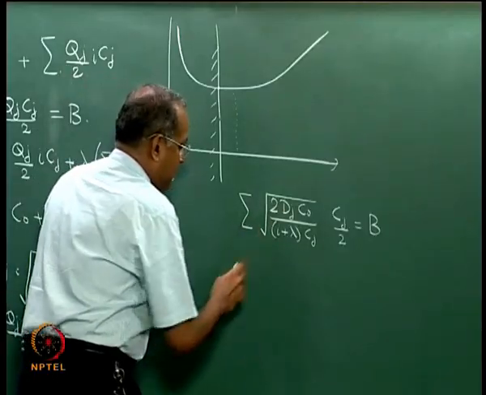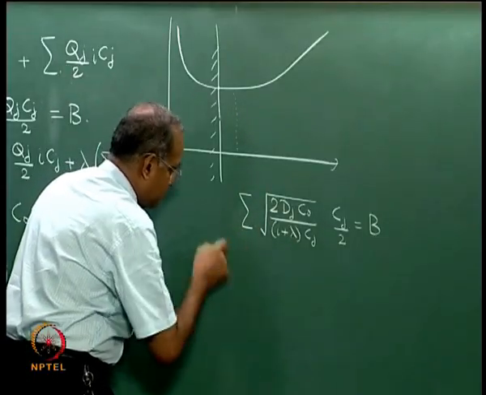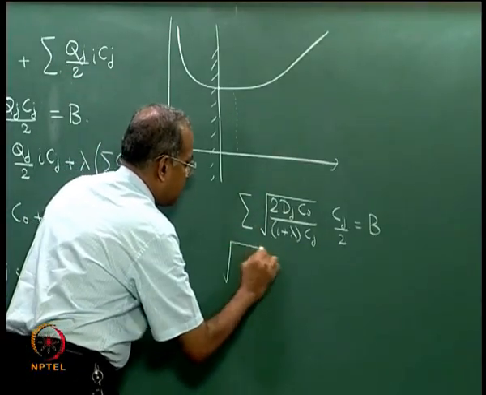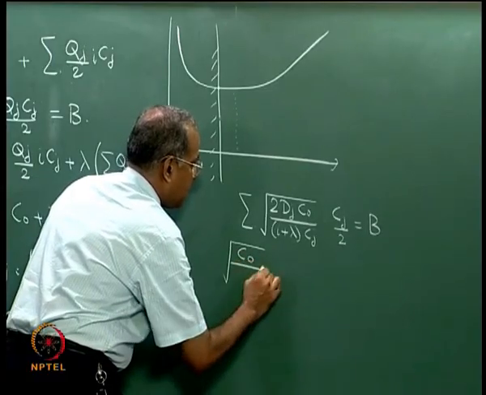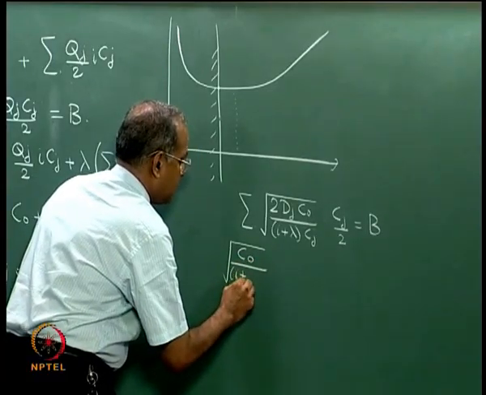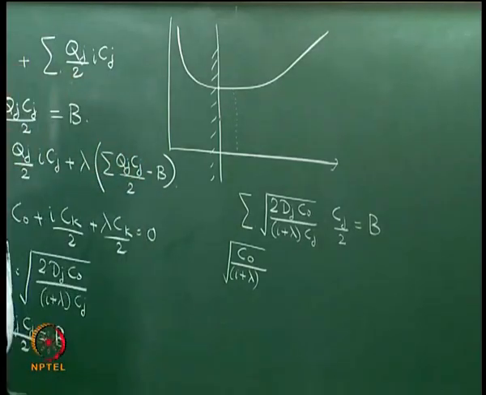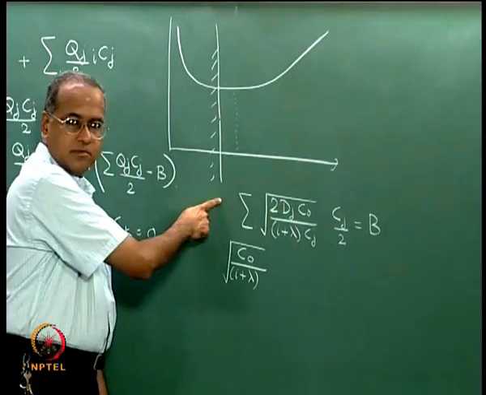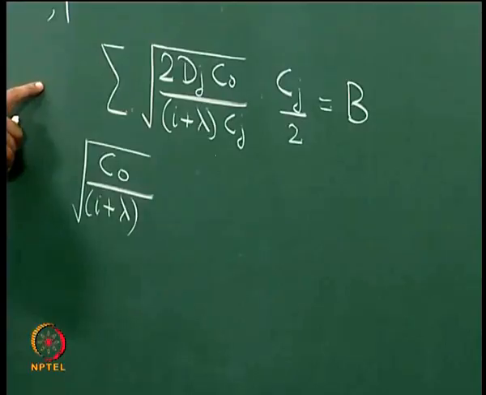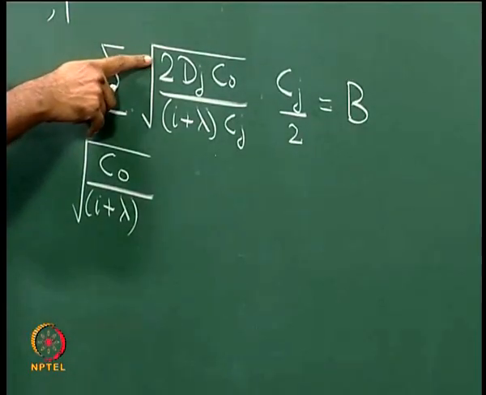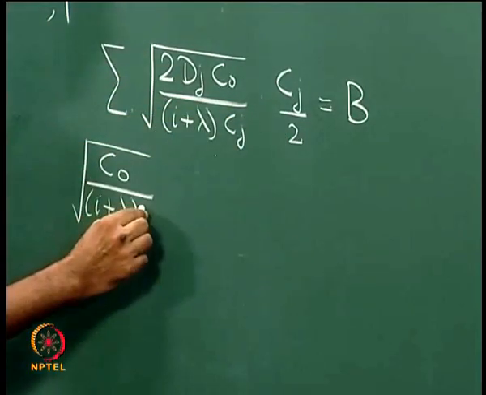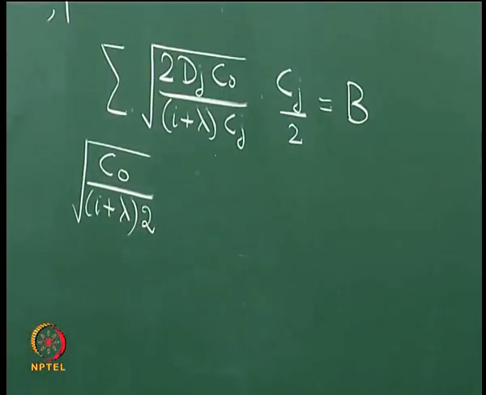So, we can take root over c naught by I plus lambda out, and there is a root 2 here and a 2 here, so a root 2 comes under this square root.